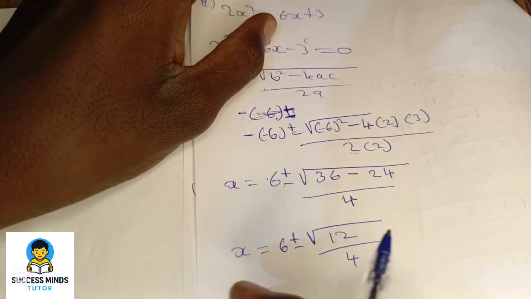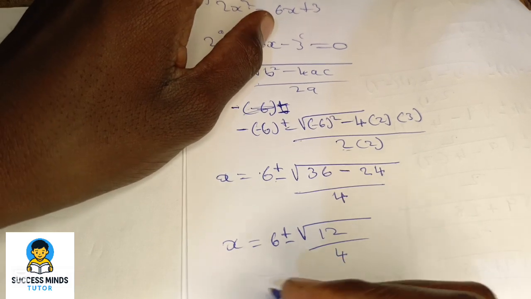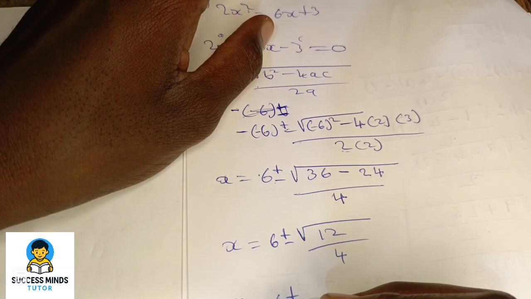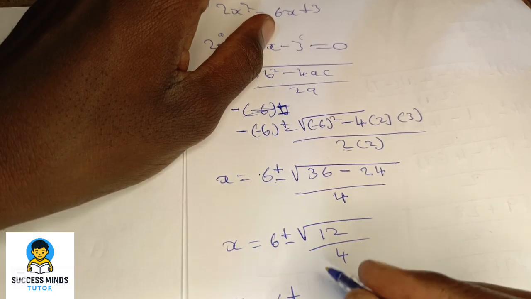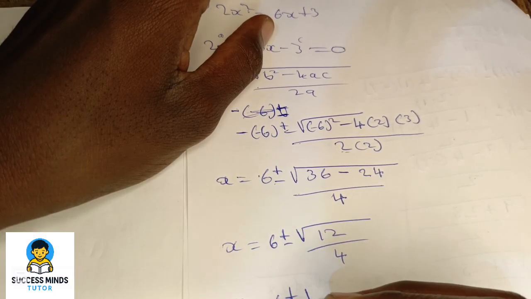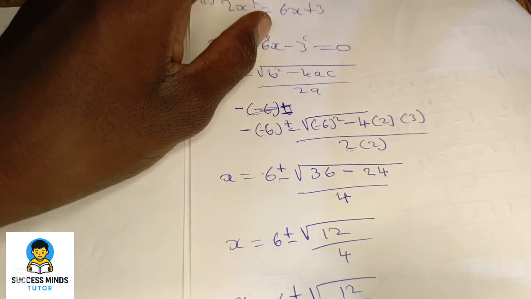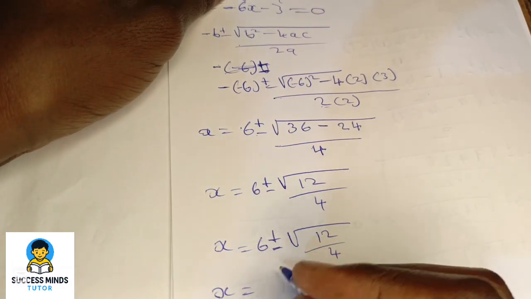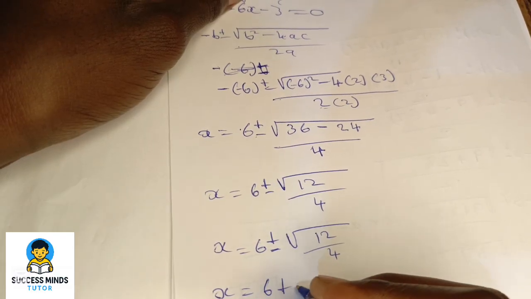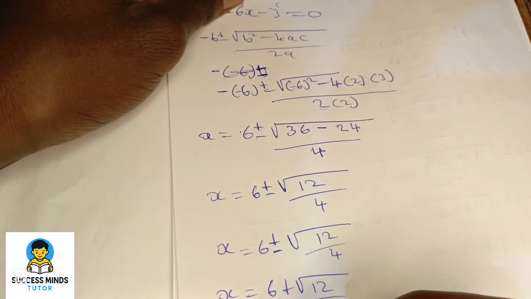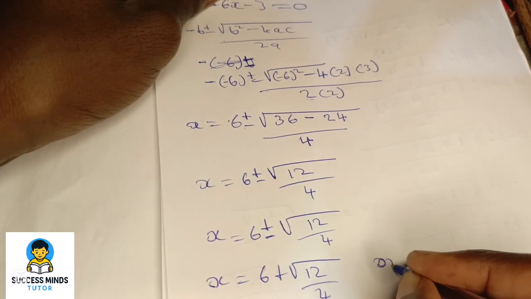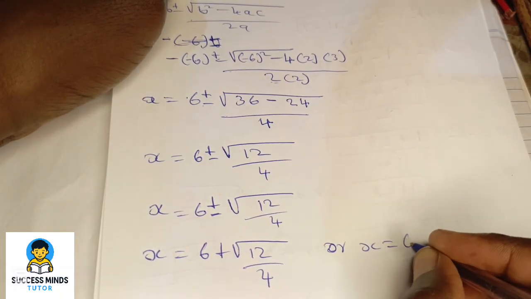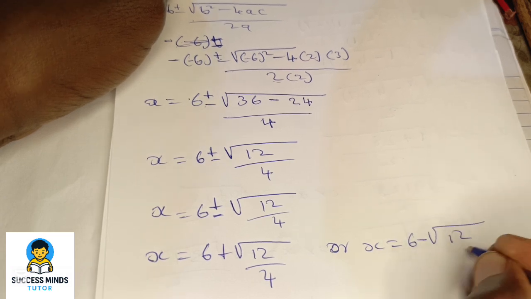So from here, we can split it, guys. So here we can say x is equals to 6 plus square root 12 over 4. Then we can say also, or x is equals to 6 minus square root 12 over 4.